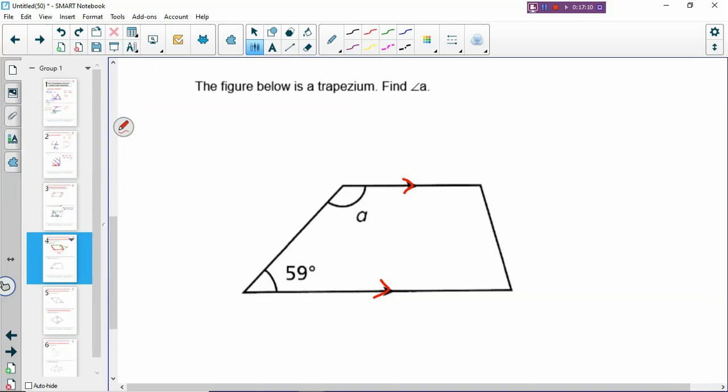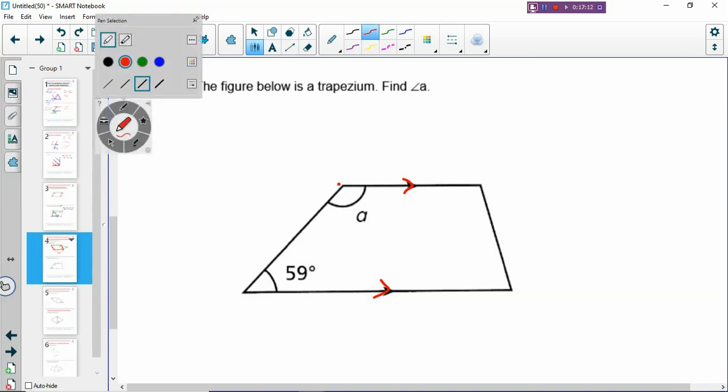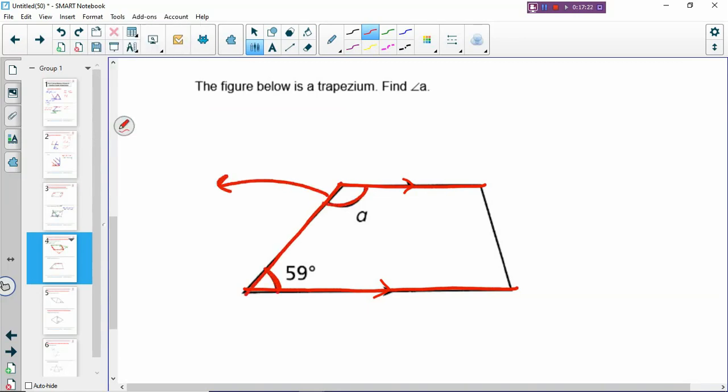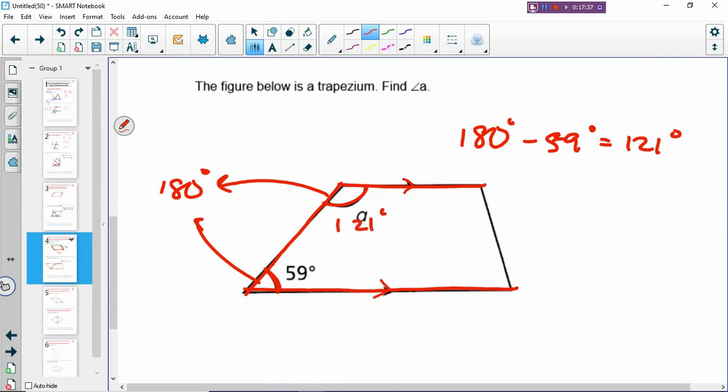If you see two parallel lines, which are this one and this one, the angles between them, these two angles, must add together to equal 180. So I can find angle A. Angle A will be 180 minus 59, and I get 121. So my angle A is 121 degrees.